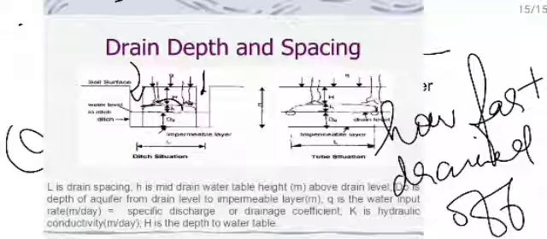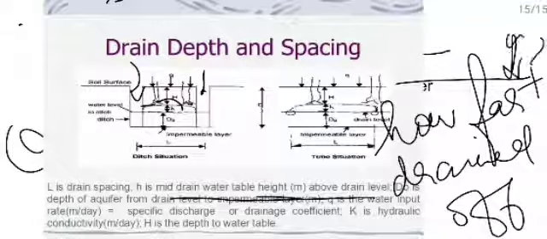H is the depth to water level. That is, H is the mid-drain water table above the drain, how much water can be collected.